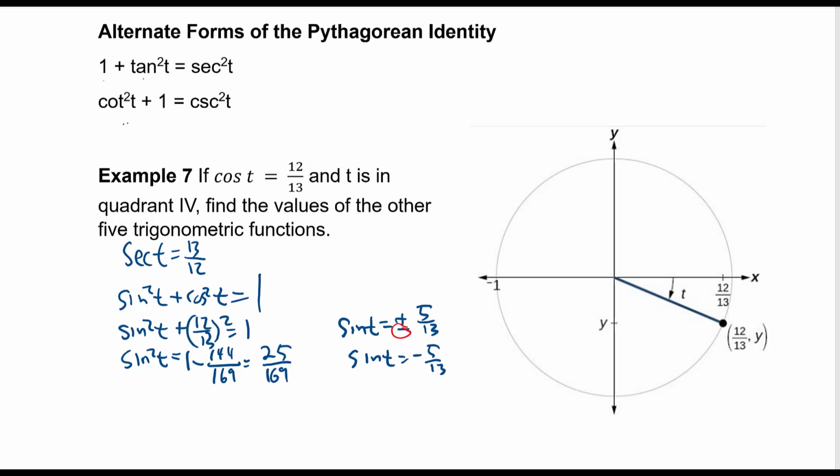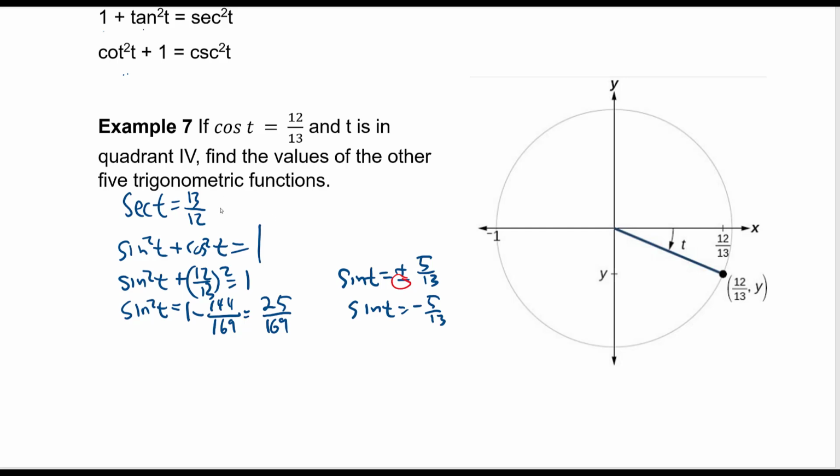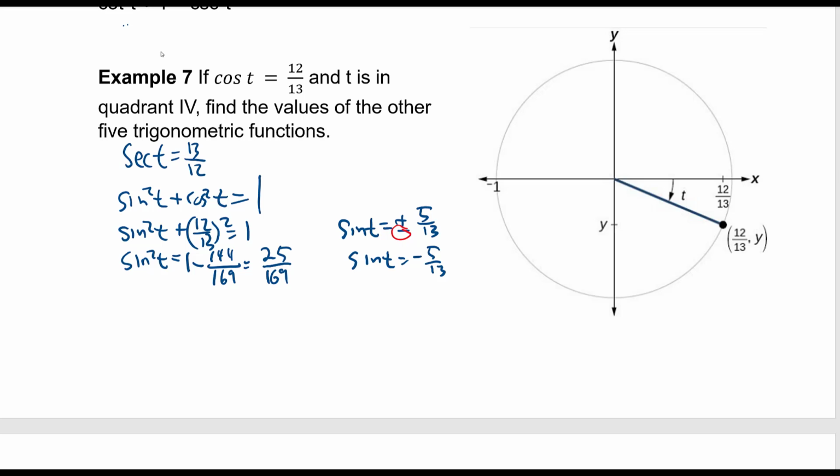So I used the Pythagorean identity for that. And let's have some fun with this. We already got secant and sine. I know that we could do tangent as sine over cosine, which would probably go pretty quick, but we could use this instead, couldn't we? 1 plus tangent squared t equals secant squared t.